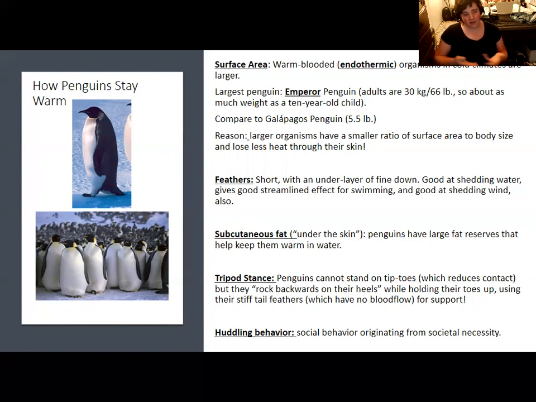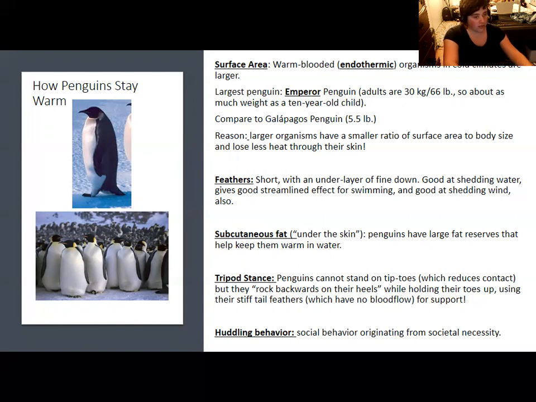Penguins can't stand on their tiptoes. They have webbed feet that don't do that very well. But the tip of their tail has feathers that don't have blood flowing to them and that are really stiff. This is why penguins rock back and forward. It's an adaptation so that part of the time they're leaning on their stiff tail feathers, and part of the time they're leaning on their feet.